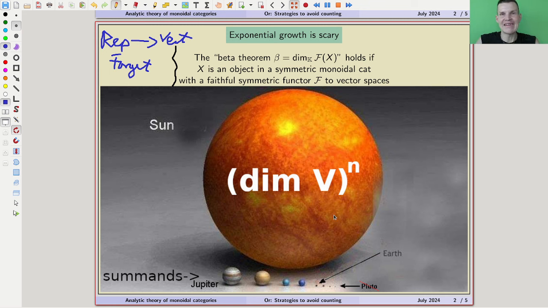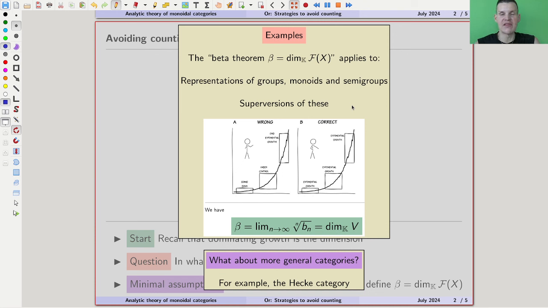But anyway, it's this beautiful observation, the beautiful empirical observation, that if you ask these asymptotic questions, things get really nice. And this really means it applies to representations of groups, monoids, semigroups, super versions of these.